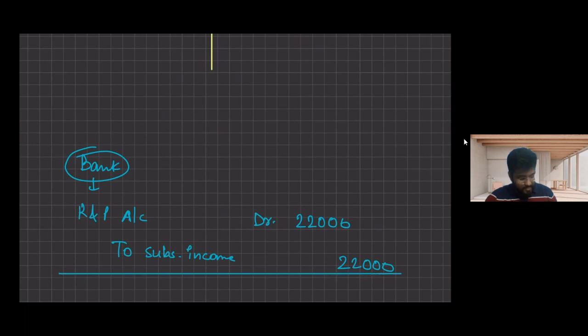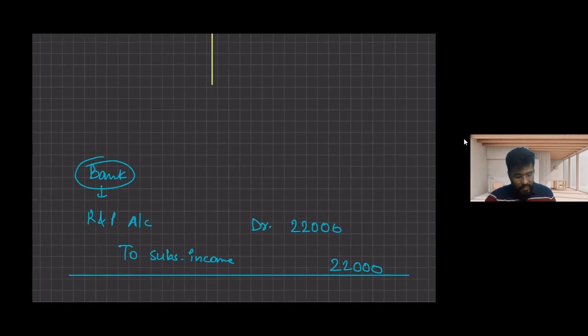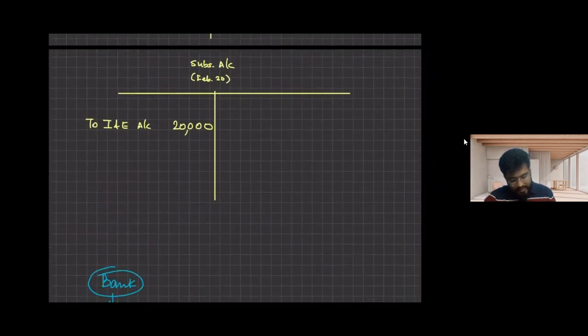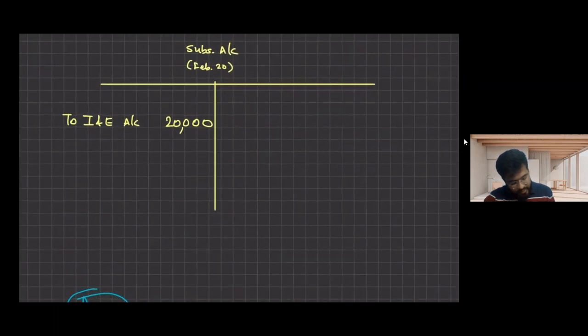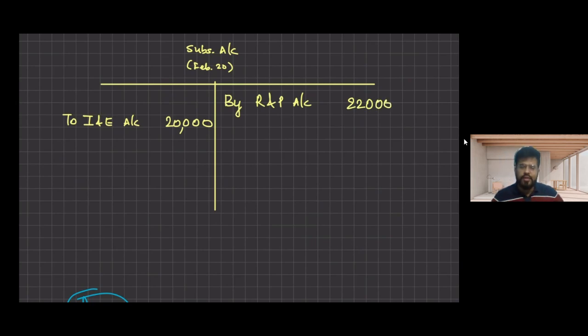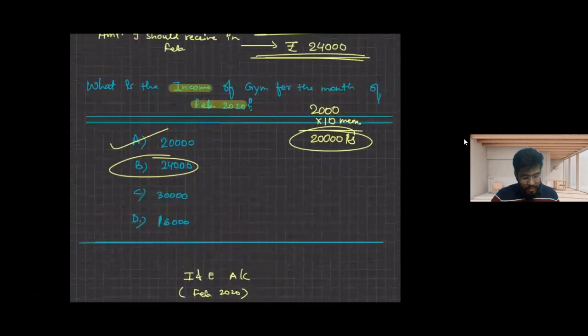So by this, my subscription account will be credited. So on the credit side of the subscription account, I will write by receipt and payment account rupees 22,000. Sir, there was a balance from the January month. So you see your subscription account of the January month.